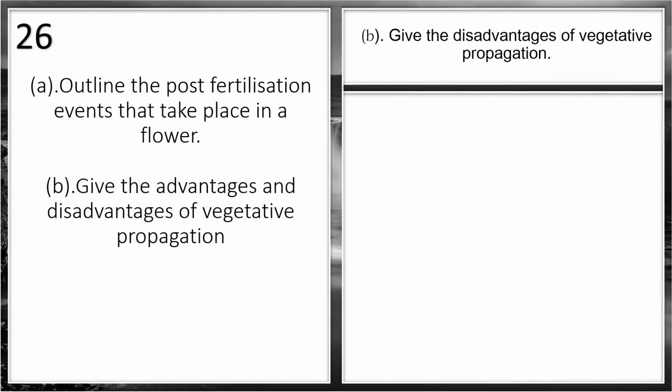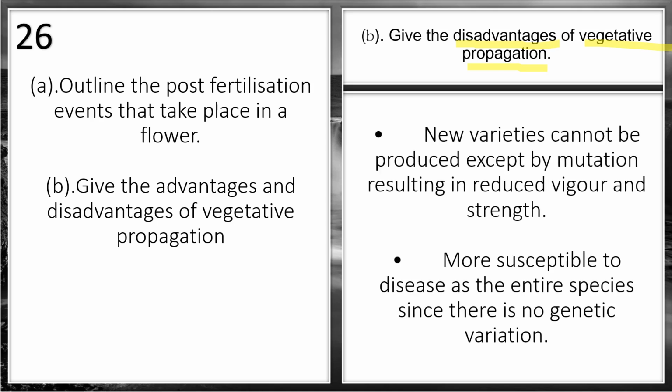Part B. Give the disadvantages of vegetative propagation. New varieties cannot be produced except by mutation, resulting in reduced vigor and strength. The entire species is more susceptible to diseases, since there is no genetic variation.